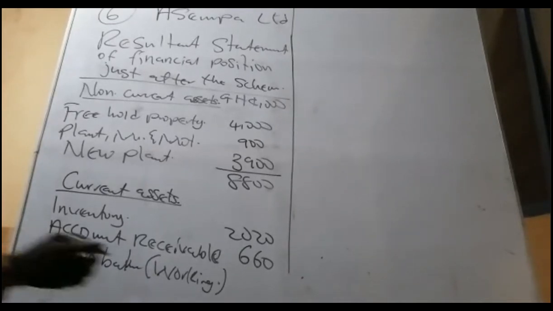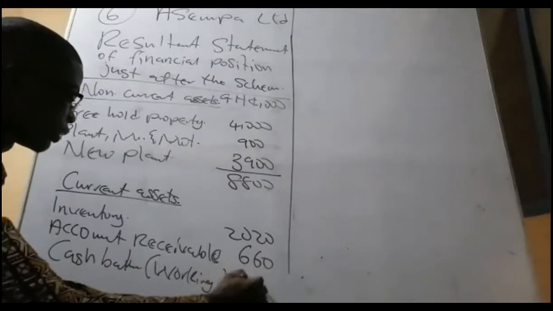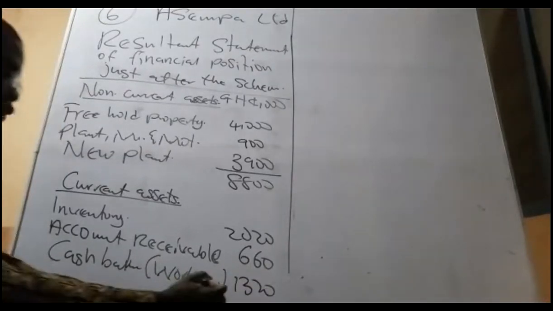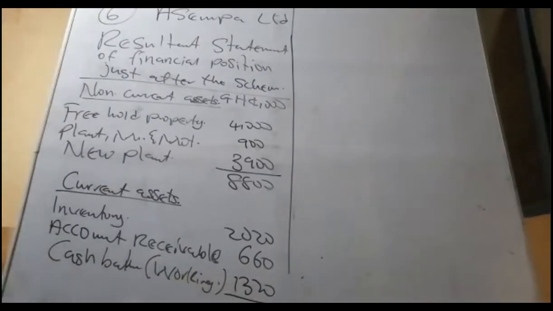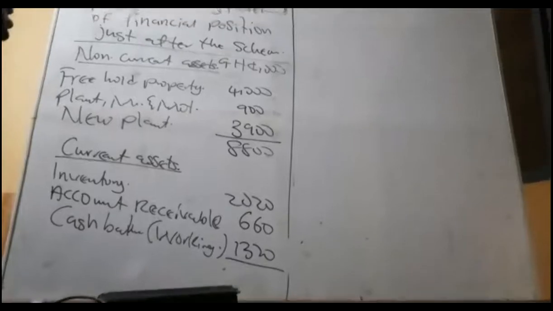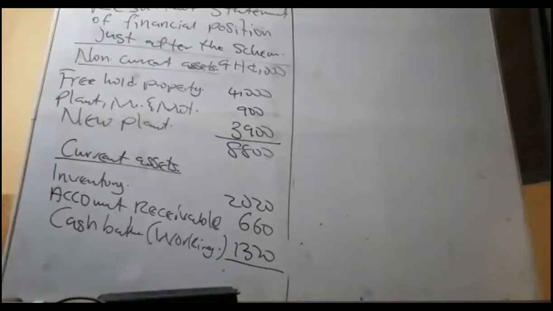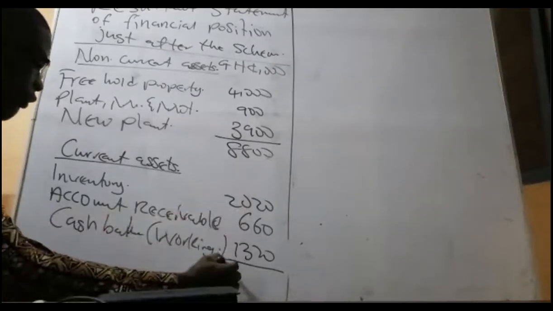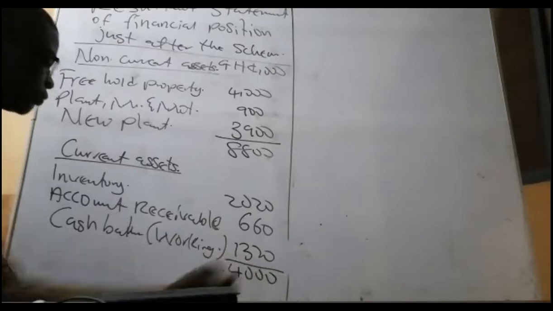So working capital is 1320. Perfect. So putting all this together, you get 4,000, right? Because we had 4,000 there. If you add all, you should also get 4,000 cedis. So what do you get? 4,000 automatic.